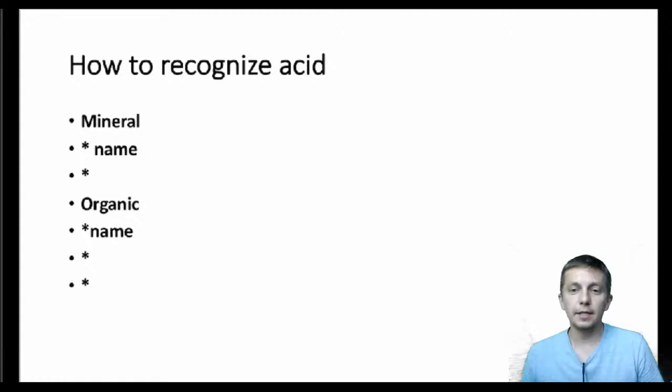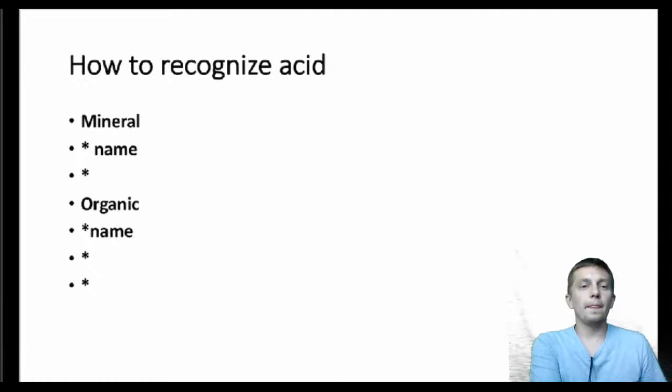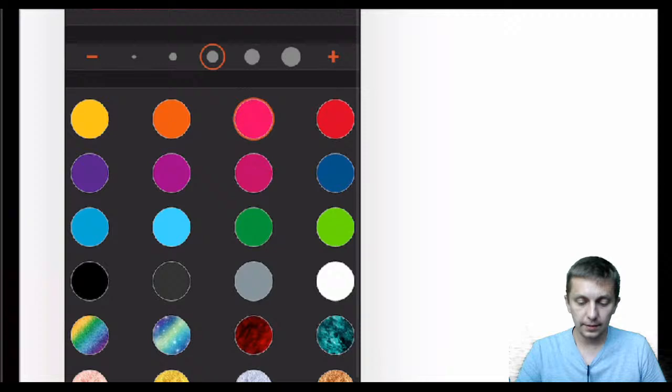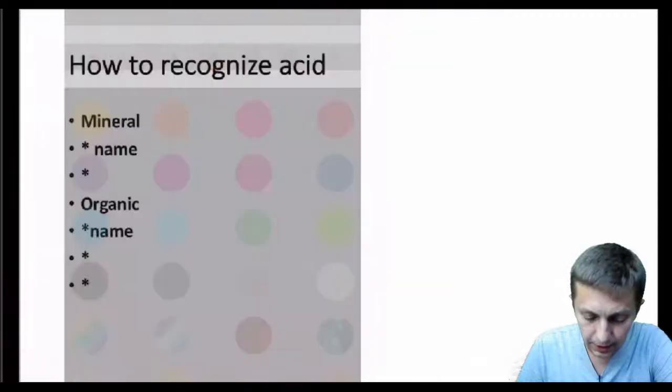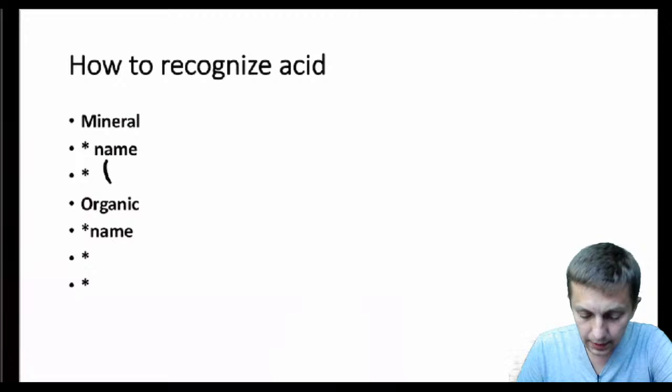The easiest way is the name. If something is named phosphoric acid, it's probably an acid. Or acetic acid, it's also an acid. Another way we can recognize acid and base is that it contains H and non-metal only.